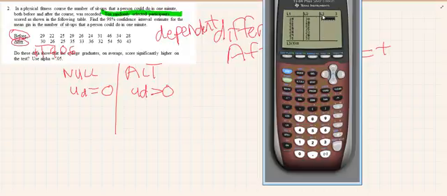So all you do is use your up arrow key to get into the title section here, and we're going to put this L2 minus this L1. Using the blue keys, second and 2 gives me L2, minus second and number 1, and you can see that it populates list 3 with the difference.